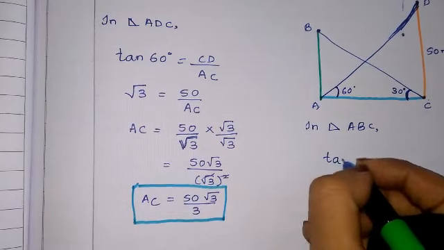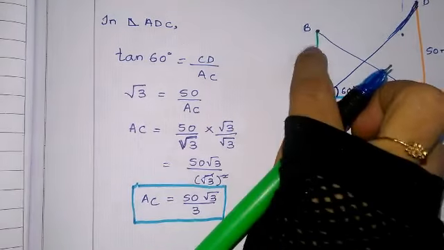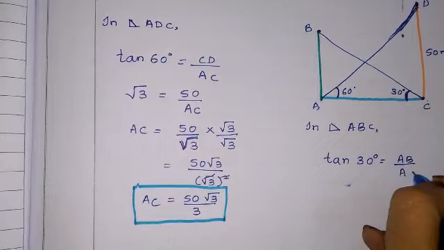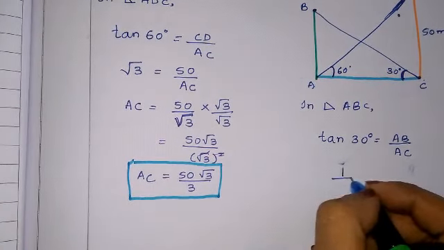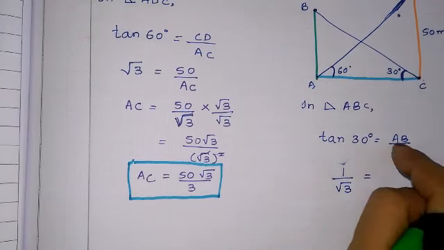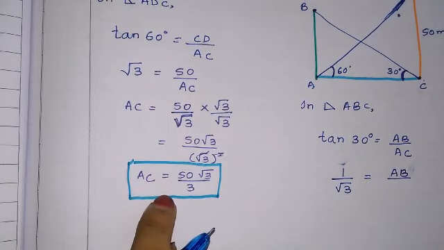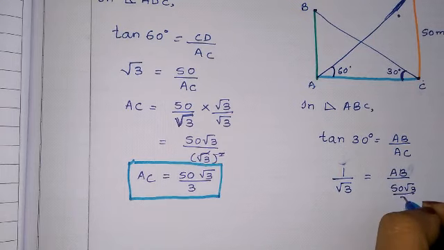Tan 30 degree is equal to the opposite side AB upon AC. Tan 30 is 1 upon root 3, is equal to AB, we don't know, upon AC, we know, we have got here now 50 root 3 by 3.